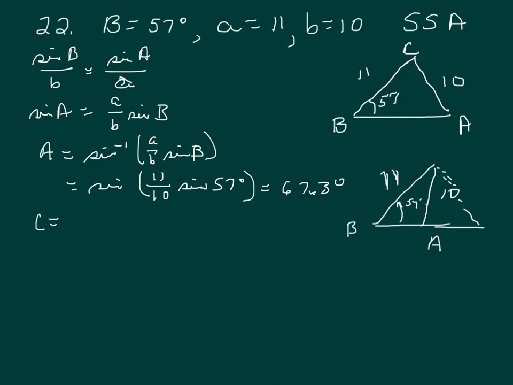Angle C would then be 180 degrees minus 67.3 degrees minus B, which was 57 degrees. That is equal to 55.7 degrees.